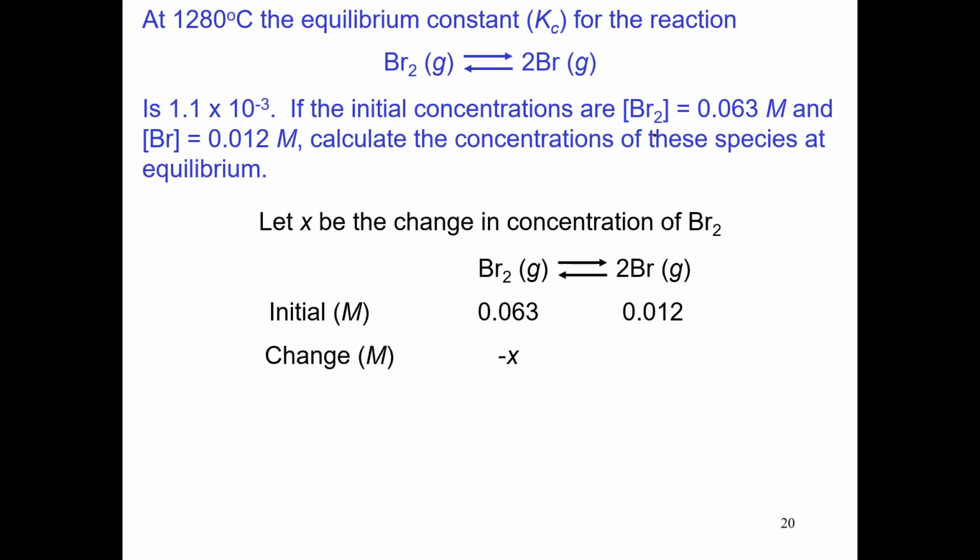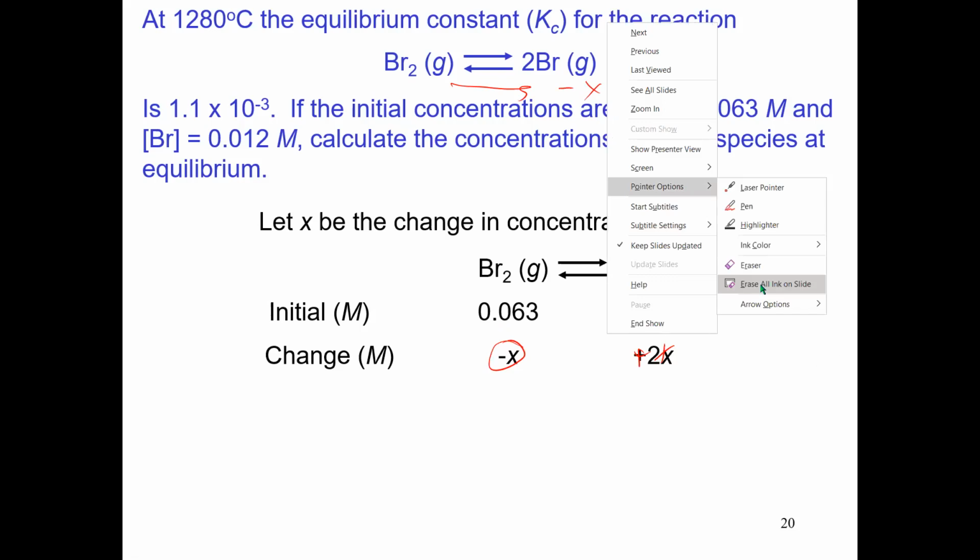The change there will be minus X. And notice you'll lose from this when you go to the right. This will become minus X. That's what it goes to the right. That'll be minus X, so you'll lose that amount of it. And this will become plus 2X because there's two of them.